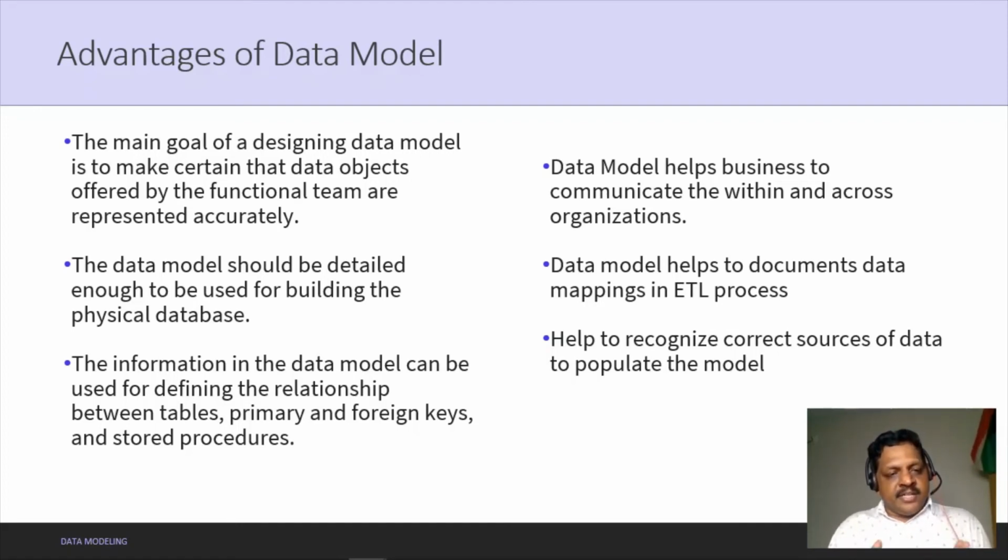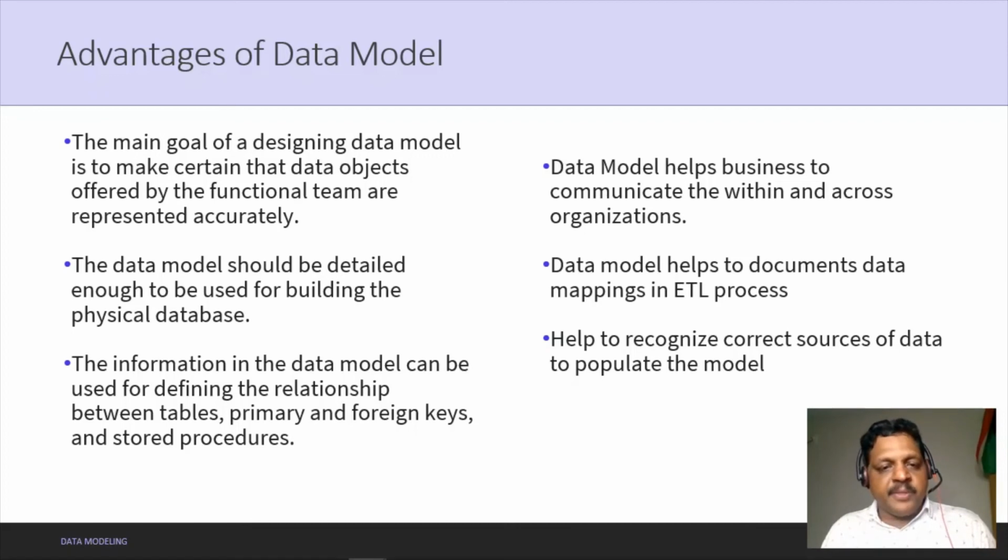So as I already said, the physical data model gives the abstraction and we can extract the schema. The information in the data model can be used for defining the relationship between tables, primary and foreign keys, and stored procedures. And data model helps business to communicate within and across organization.